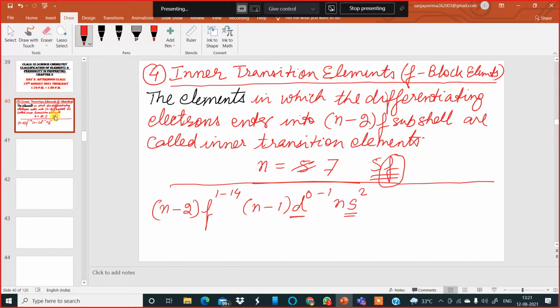The d subshell can have 0 or 1 electron, and the f subshell can have electrons between 1 to 14 depending upon which series it is, whether it is the lanthanide series or the actinoid series.